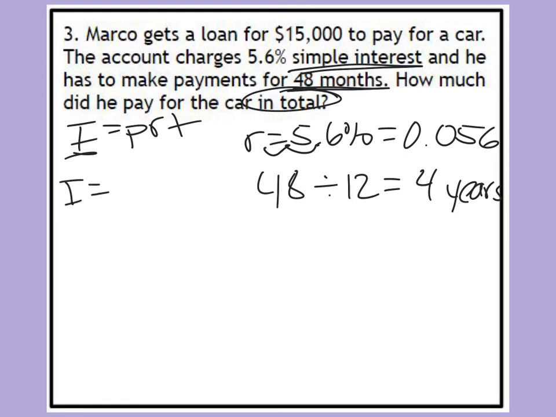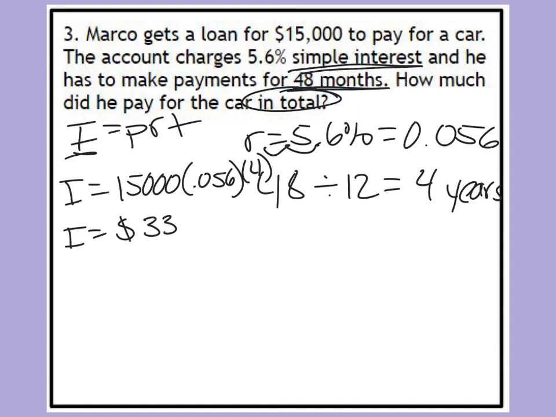I equals the principal, which is 15,000, times the rate, which is 0.056, times the time, which is 4. Once you multiply all that out, the interest earned is going to be $3,360.